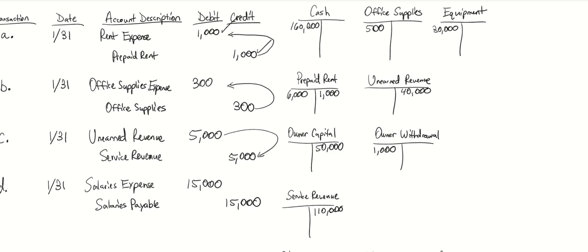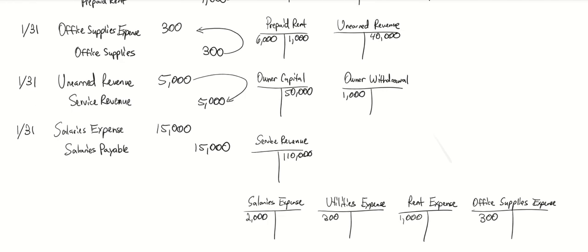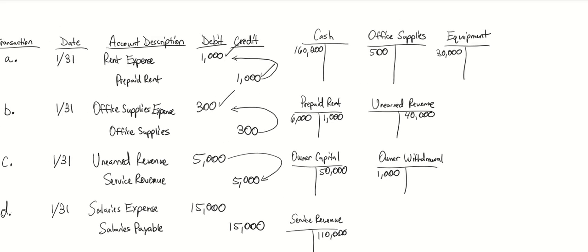Transaction B, office supplies expense, debit $300. So go to the office supplies expense T account, and this is going to be a debit of $300. Office supplies has a credit of $300, so go to the office supplies T account and put $300 on the right side of it.